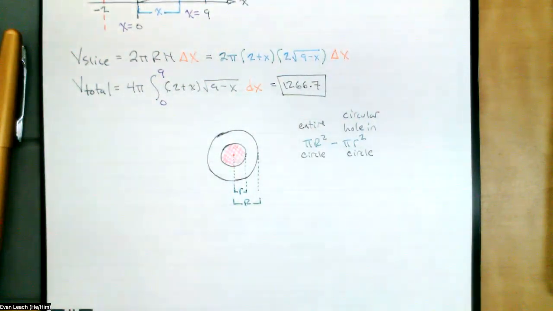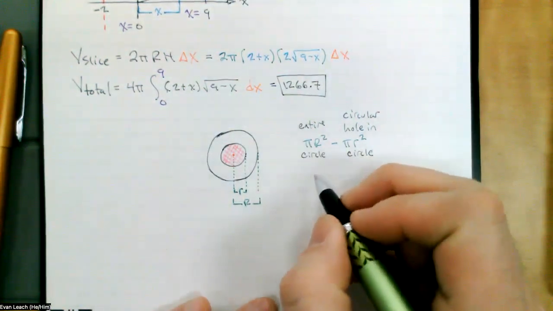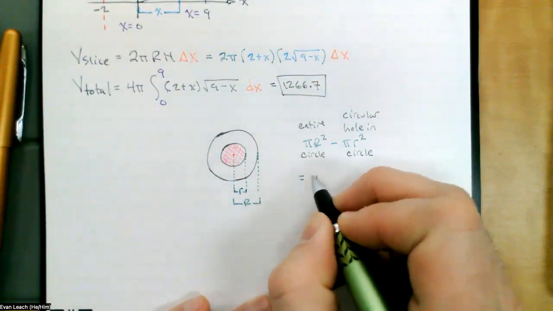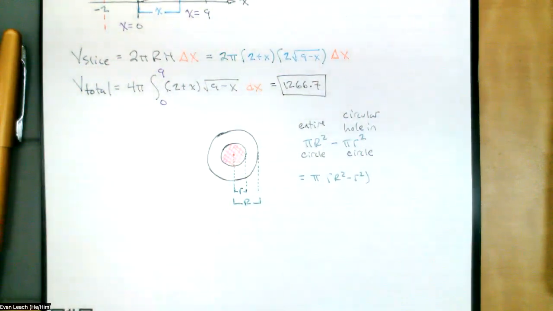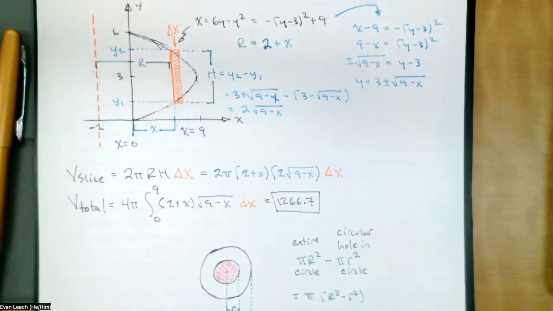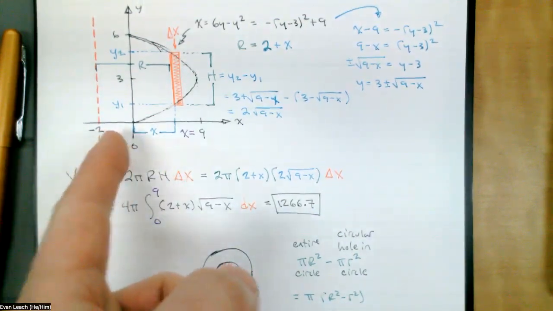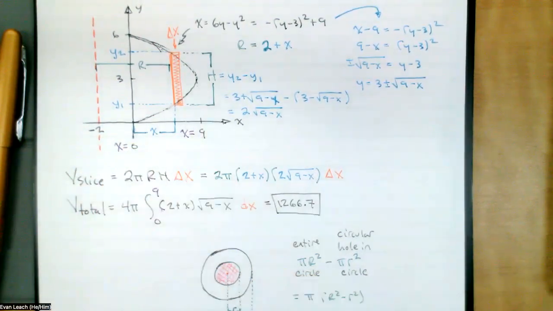And so when we write this, I usually just factor out the pi so I don't have to write so many pi. Note that we didn't have to do that when we were slicing parallel to the axis of rotation. We selected where the hole is when we slice parallel by choosing our x values correctly.